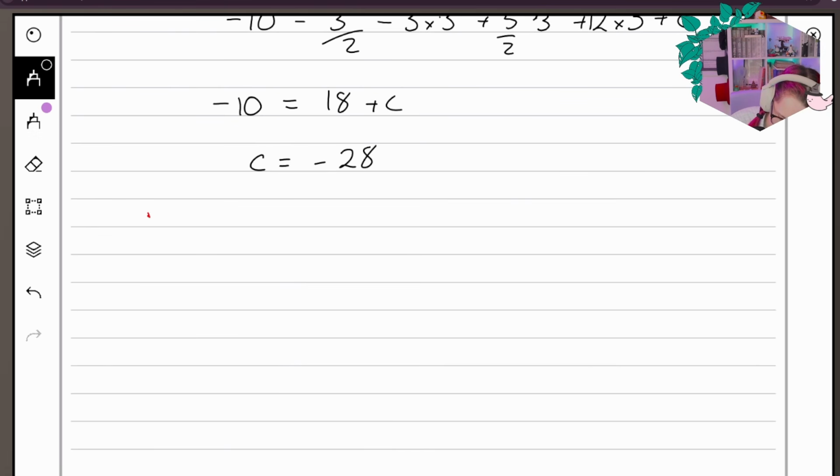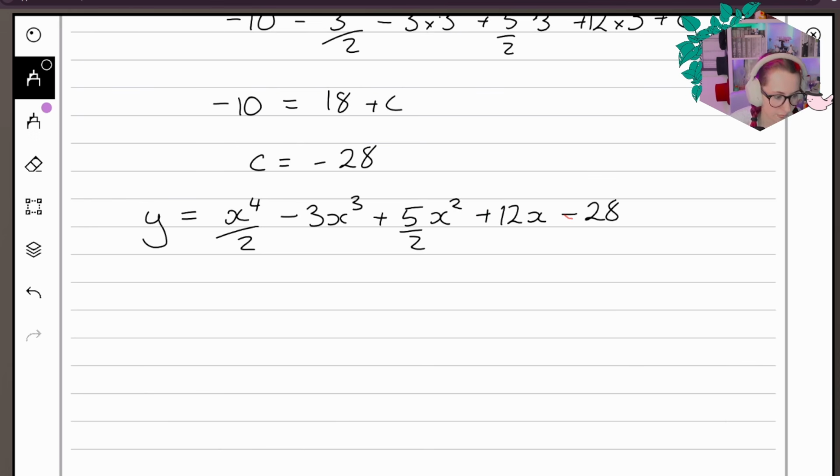Okay, so then the full equation is y equals x to the power of 4 over 2 minus 3x to the power of 3 plus 5 over 2 x squared plus 12x minus 28.